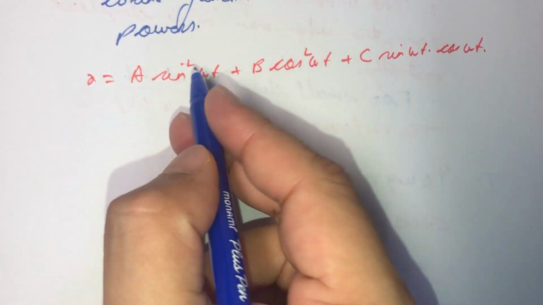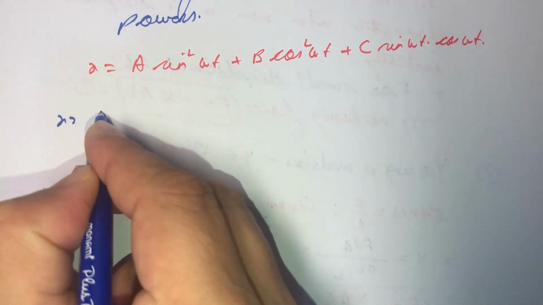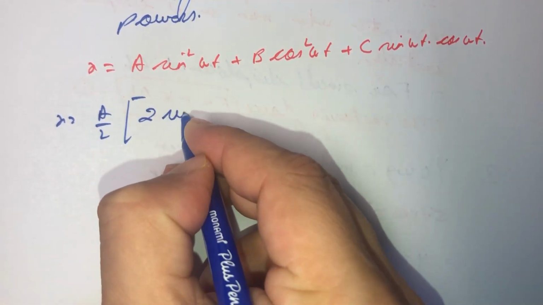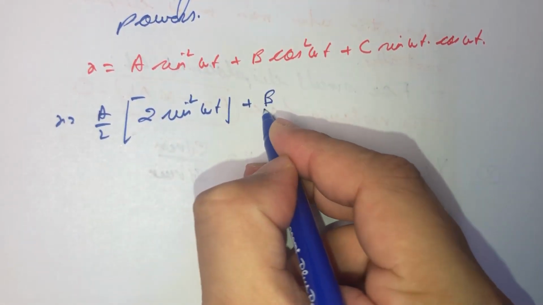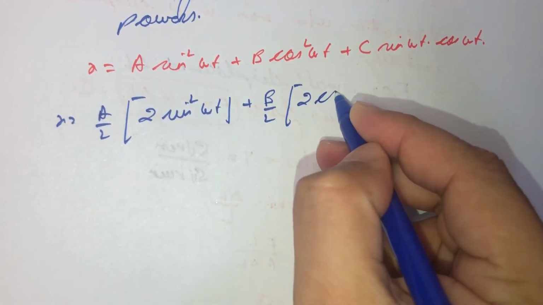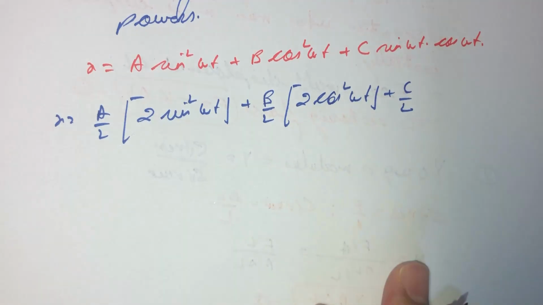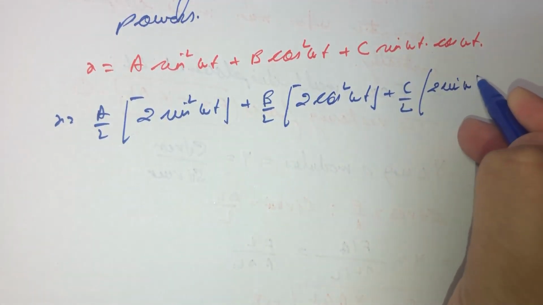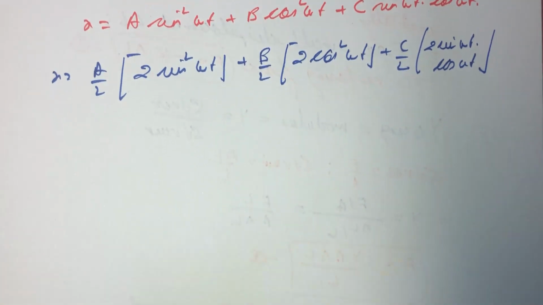You can write this as x will be equal to a by 2, and this becomes twice sine square omega t plus b by 2, and this also becomes twice cos square omega t plus c by 2, and this becomes twice sine omega t multiplied by cos omega t.